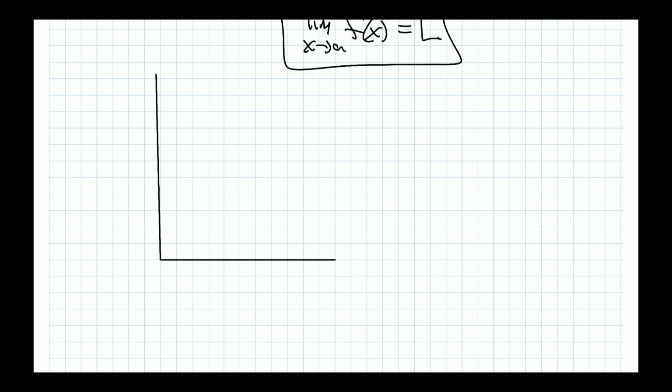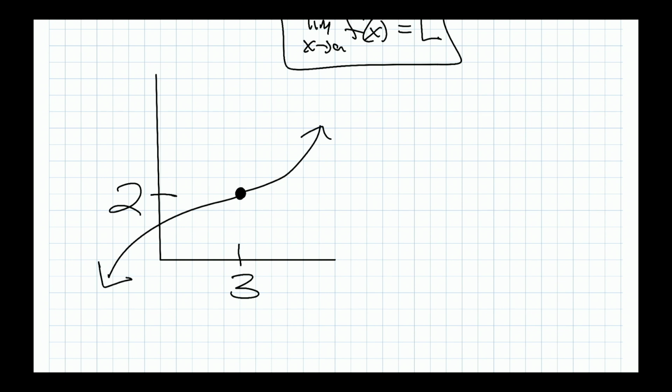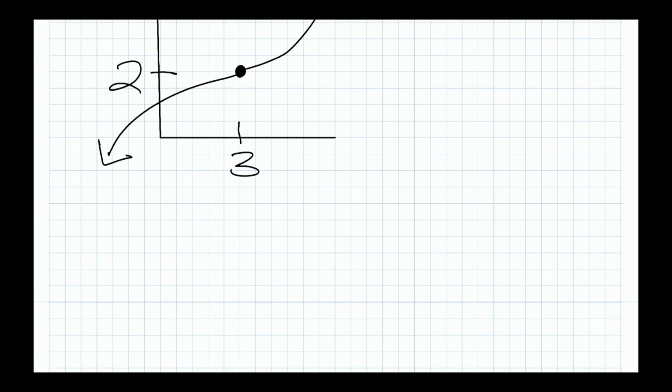So I'm going to put 3 right there. I'll just put 2. Okay. So let's put a dot right there. And then let's do that. Okay. Now, if I give you this picture and I say find the limit as x approaches 3 of f of x, it's very easy.